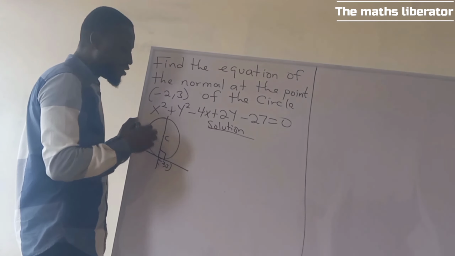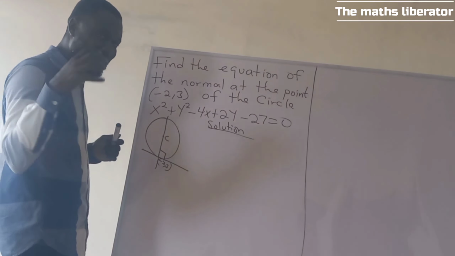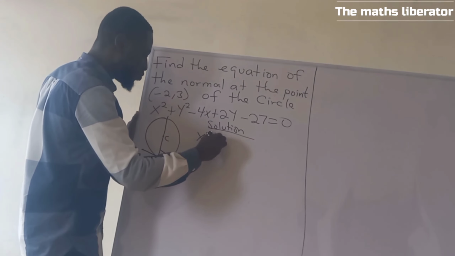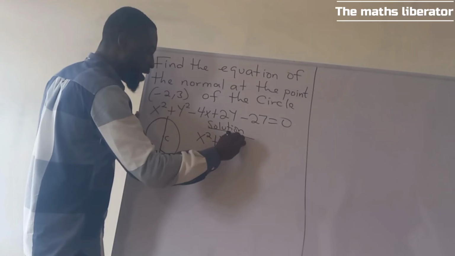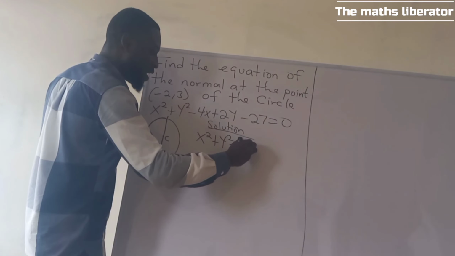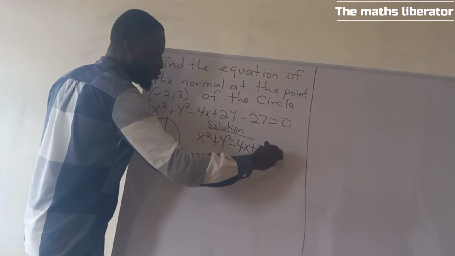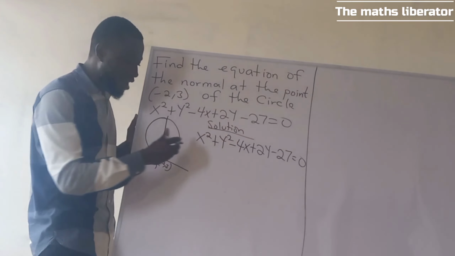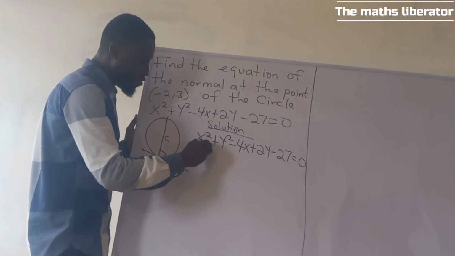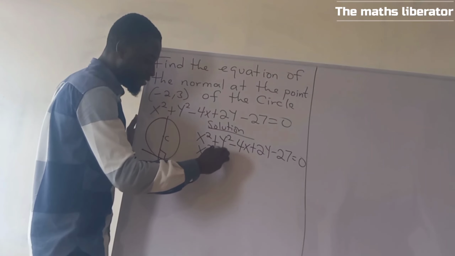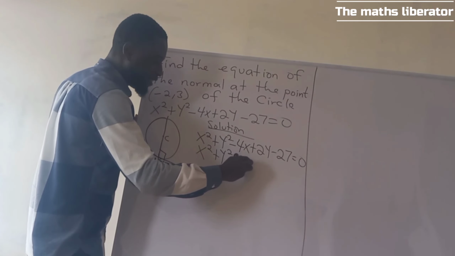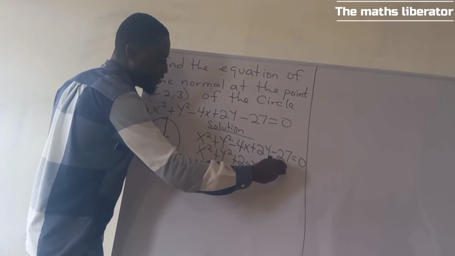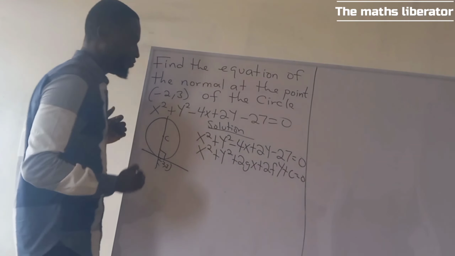So our center here is not known. Now let's do that to get the center. I'll write the equation which is being given: x squared plus y squared minus 4x plus 2y minus 27 equals 0. After that, I'll write the general equation of the circle beneath it, which is plus 2gx plus 2fy plus c equals 0.